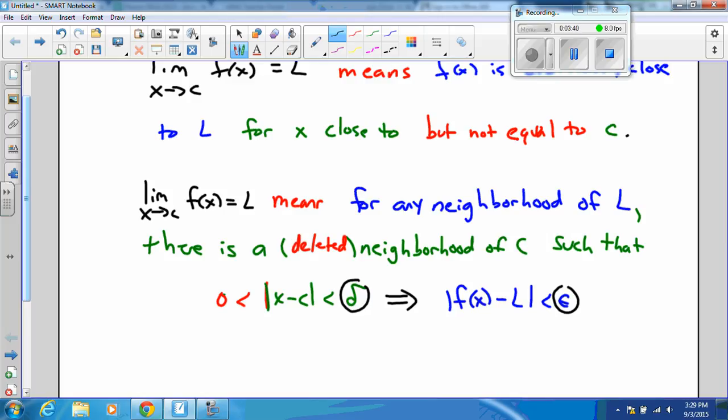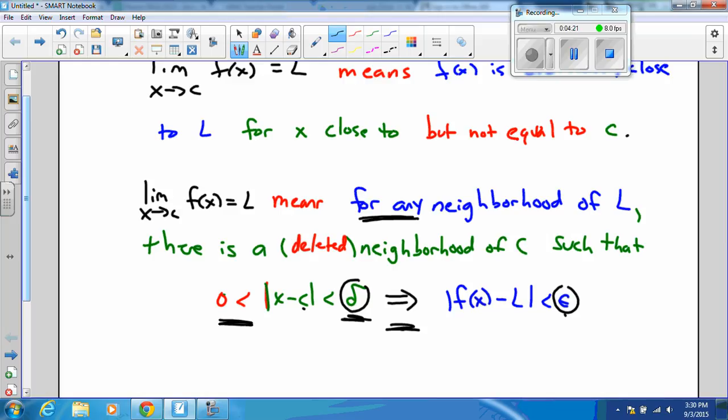And so what we're really saying is I can choose any radius or any size, hence the words for any, and when I choose that radius or size of the neighborhood around L, it is possible to find a neighborhood around C so that when the x's fit into the neighborhood around C, that forces the f of x's to fit into the neighborhood around L.